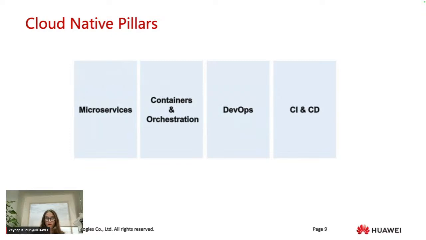This modular approach allows teams to update or replace components without disrupting the entire system, which makes it easier to meet changing business requirements. Another fundamental pillar is the use of containers, which are lightweight, self-contained units that include everything needed to run an application in any environment. This build once, run anywhere approach simplifies development and deployments.